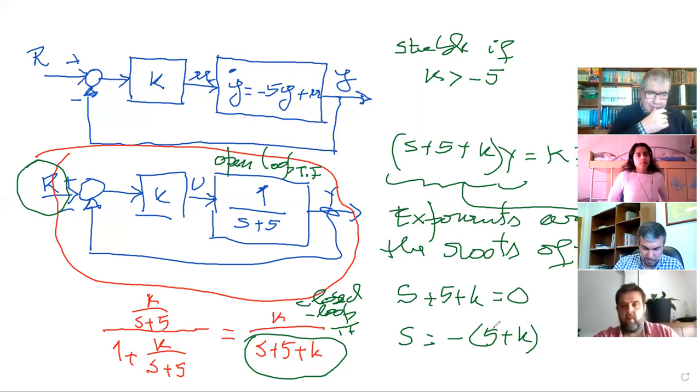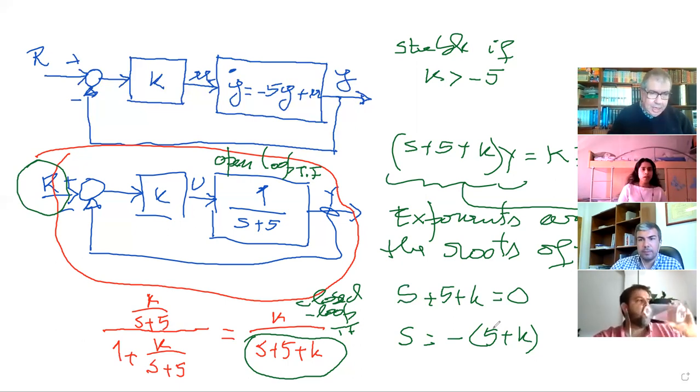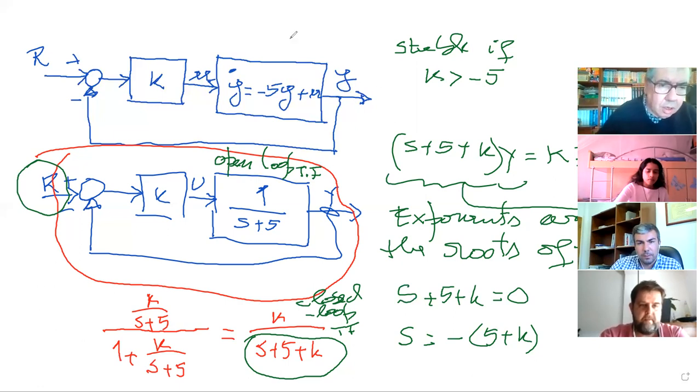So one way is to adjust K such that these roots have values in some positions. For instance, if I want to have, before I clean up this, no questions?